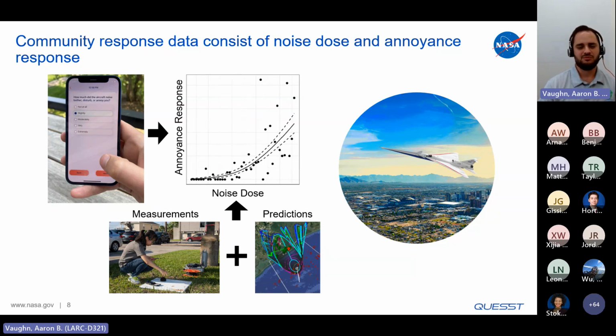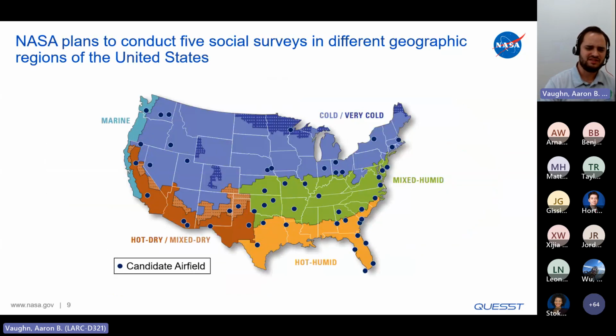And that information will be fed to the regulators that will then make those decisions regarding the future of commercial supersonic technology. We want the data that we collect to be nationally representative. So the X59 will be flying over 5 communities across the United States, starting in 2025.